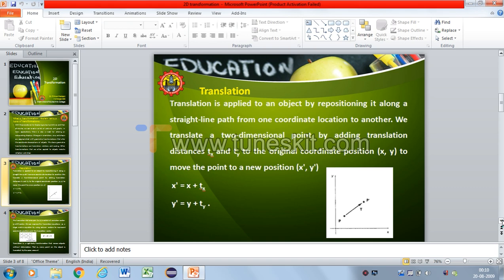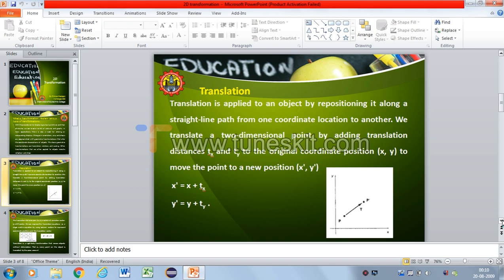Translation means you want to reposition the object from one coordinate location to another, or you can say you want to shift the object from one position to another.